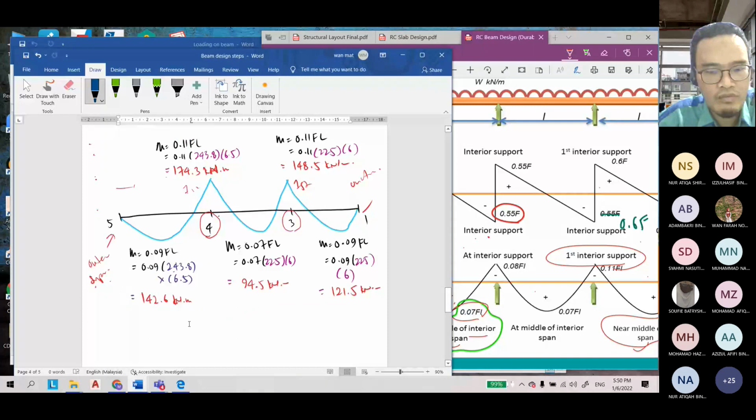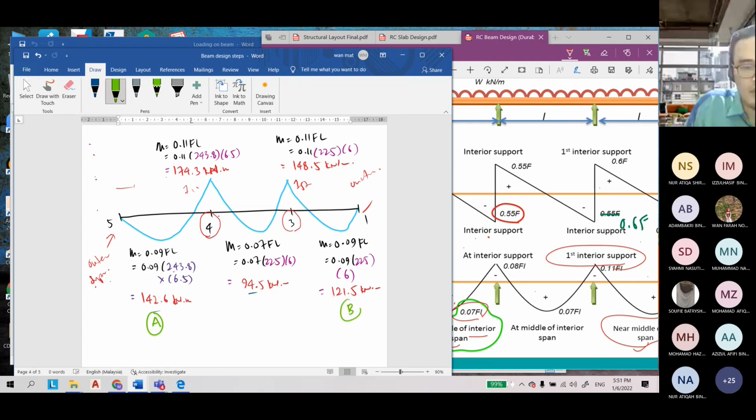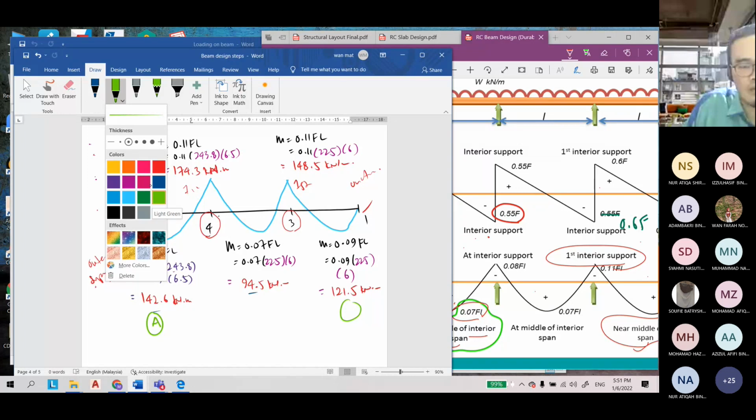Let's say I design this one, because doing all of them is too much. Let's say I use colors. This is A, this is B, and I use a different color for B, the orange color.